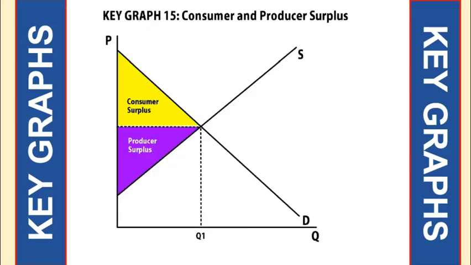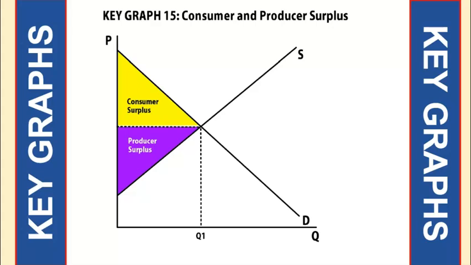And that leads us to key graph 15, which is another model that if you had micro, you may be familiar with. This is the idea of consumer and producer surplus. You will notice here that consumer surplus is everything above the equilibrium, all the way up to the demand curve. And then from equilibrium down to the supply curve is producer surplus. What this surplus means is that it is a willingness to buy or sell, in the case of a producer, at different prices, but you don't have to because you're buying at equilibrium.